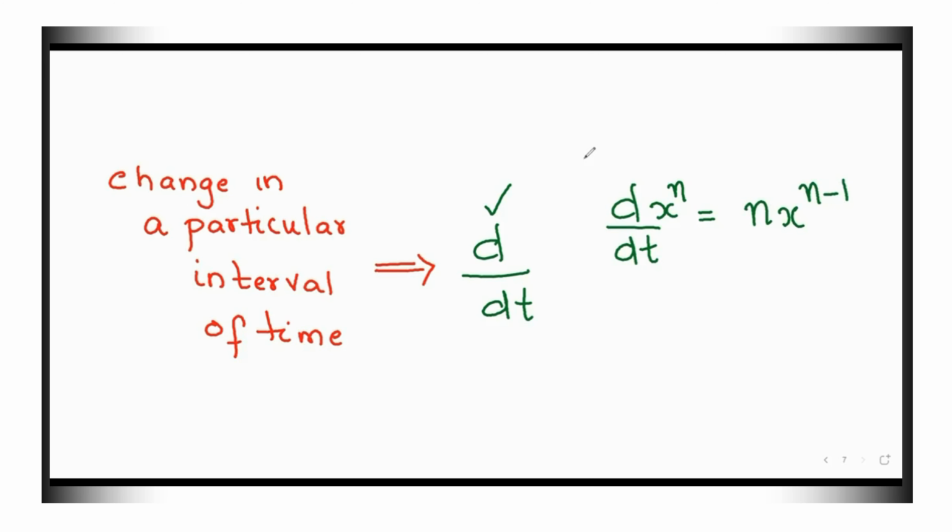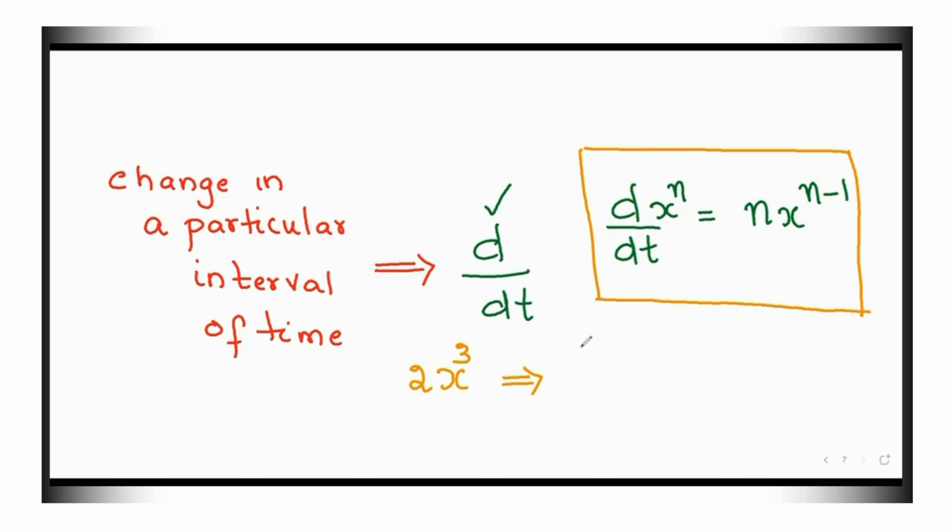So throughout grade 11 and 12, you should be thorough with the formula for differentiation of x raised to n: d by dx of x raised to n is n x raised to n minus 1. So, for example, 2x cube. Differentiating 2x cube, 2 is a constant. For x cube, n is 3, so x raised to n minus 1.